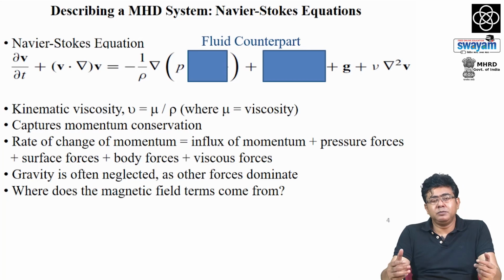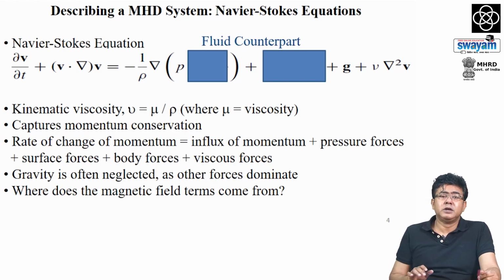So, you have some forces which are driving the fluid flow and some forces which are trying to stop the fluid flow. In some astrophysical systems gravity could be important, and often you are dealing with other forces which dominate the gravitational force, especially where the density stratification is low. In this case, you can basically get rid of the gravity term.